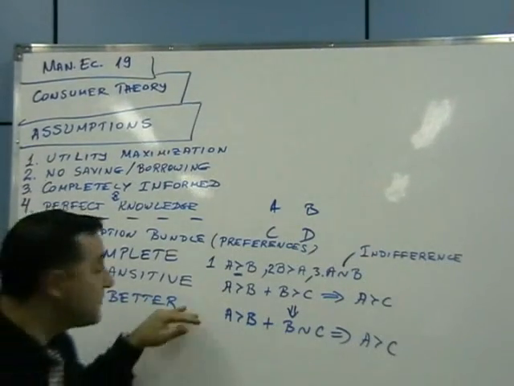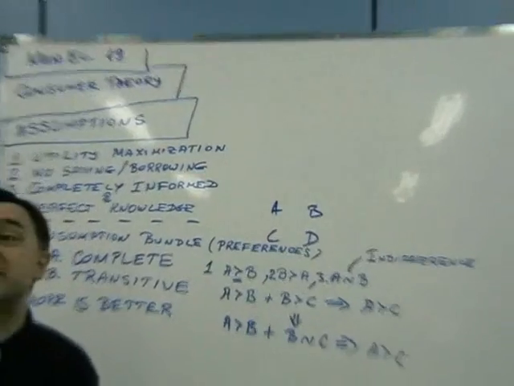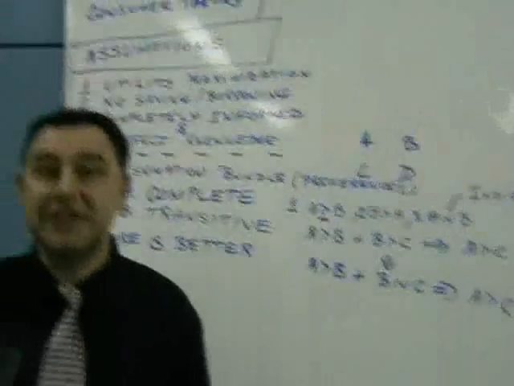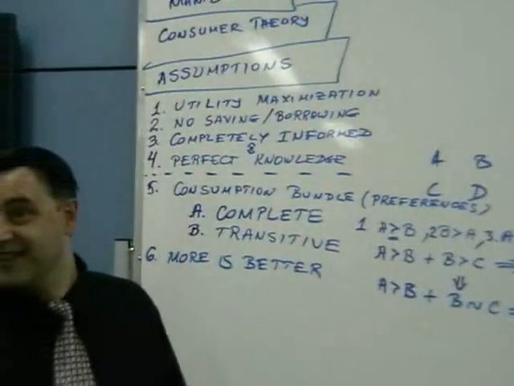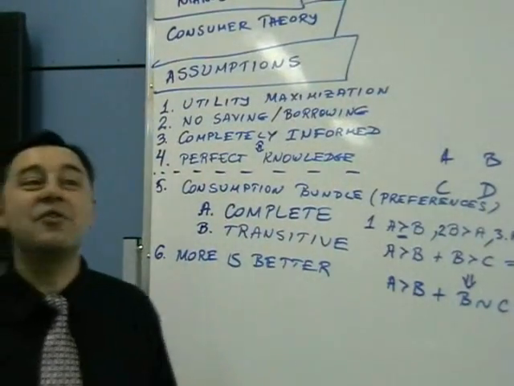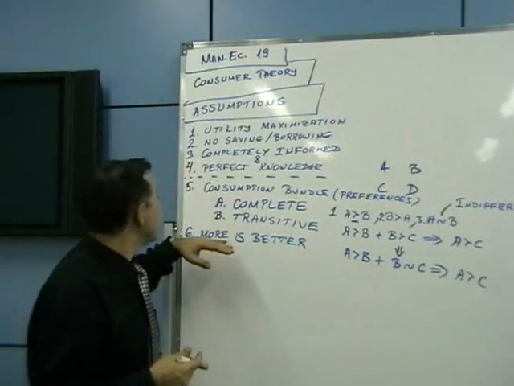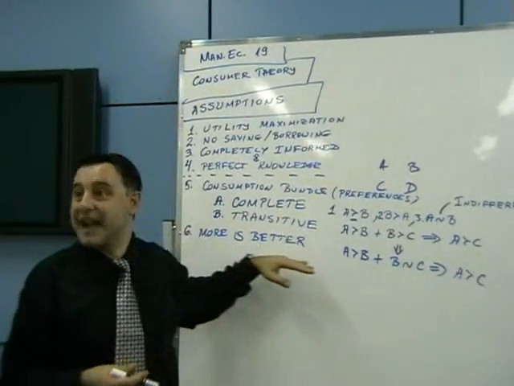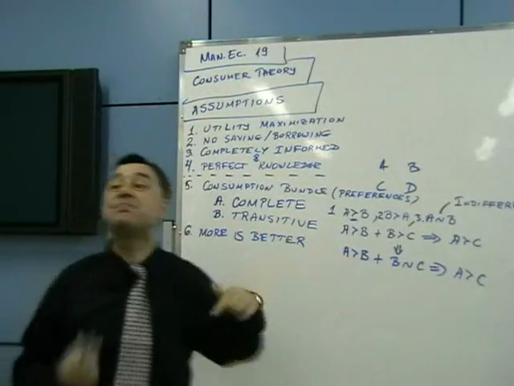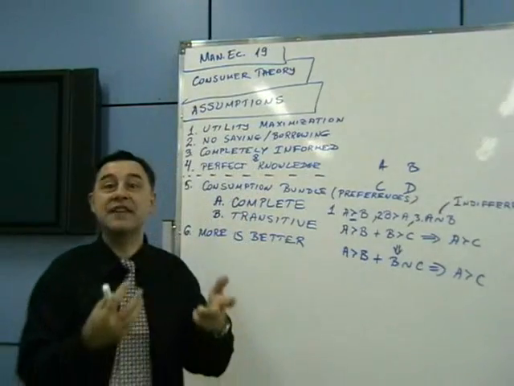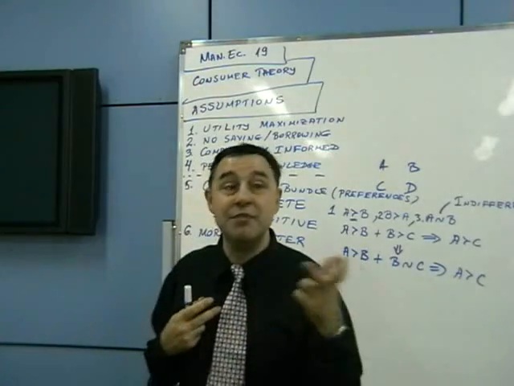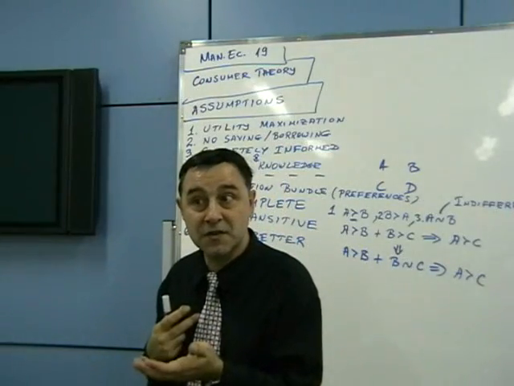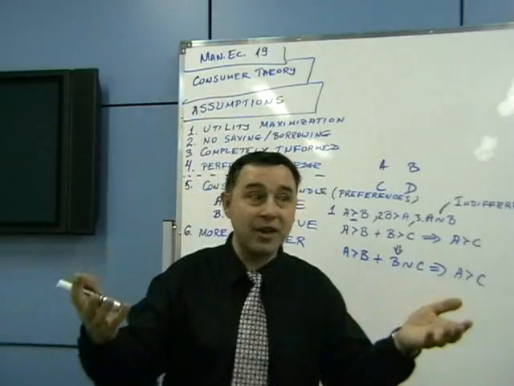The next fundamental assumption is that consumer goods are goods. Does it mean a good? No, good means that more of that particular good is better than less of that particular good. Well, is it possible when more is worse? Yes. An example?